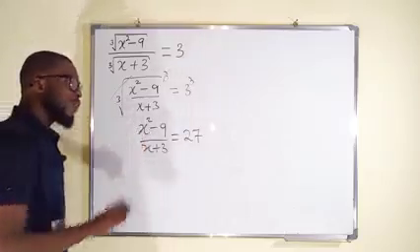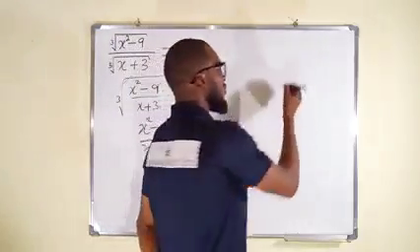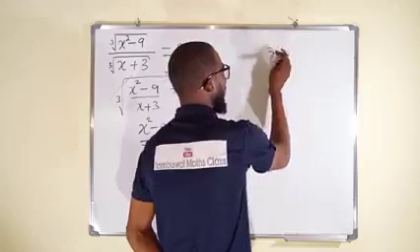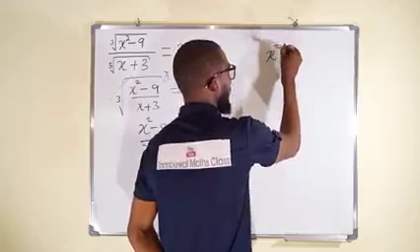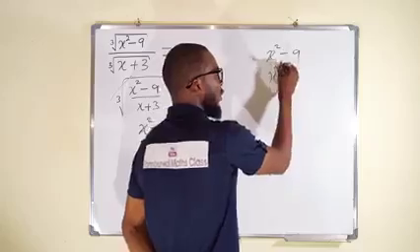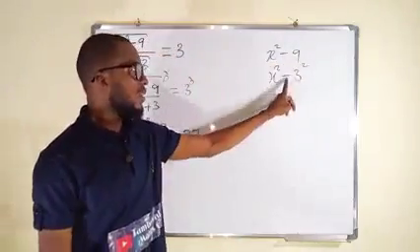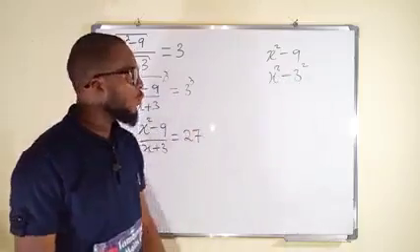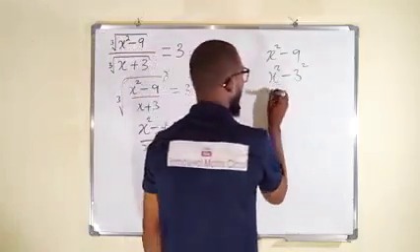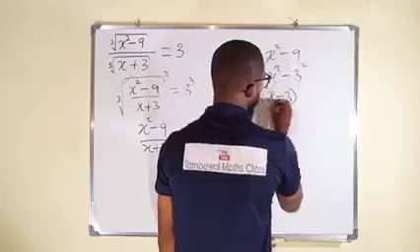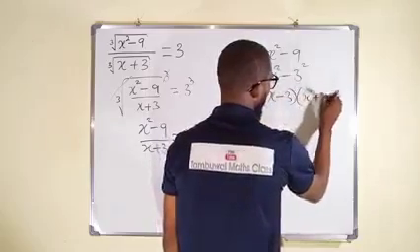Again, this x squared minus 9, remember it is a difference of 2 squares, because x squared minus 9 can be written as x squared minus 3 squared. 3 squared is 9. This is a difference. This is a square. This is also a square. If you factorize this, you can obtain x minus 3 multiplied by x plus 3.